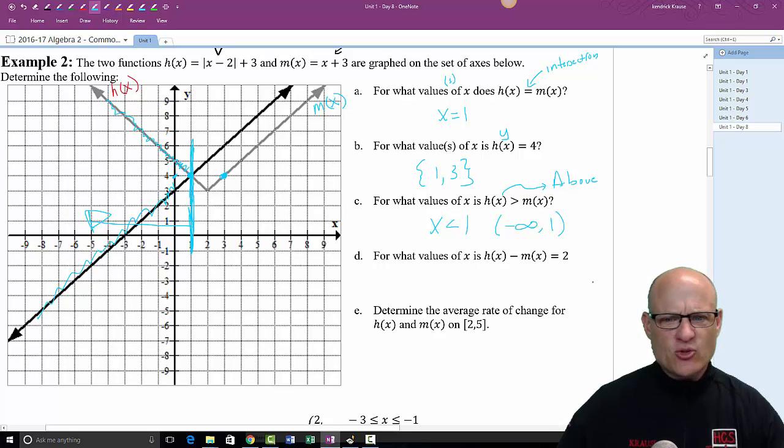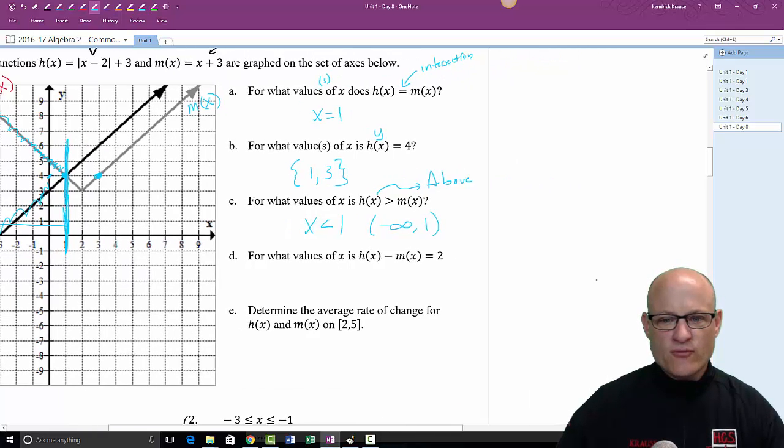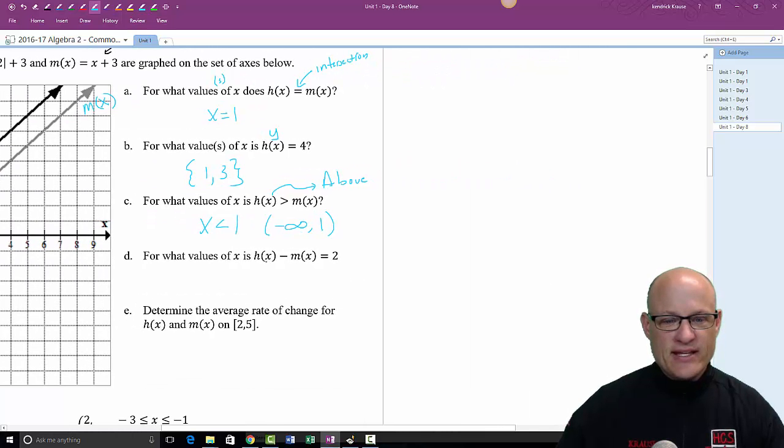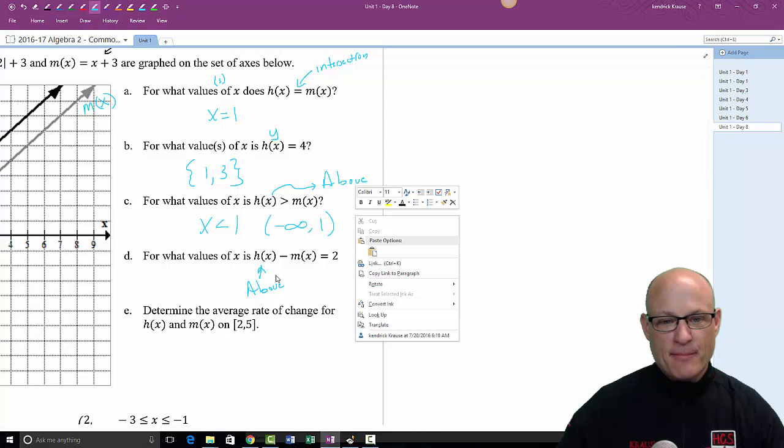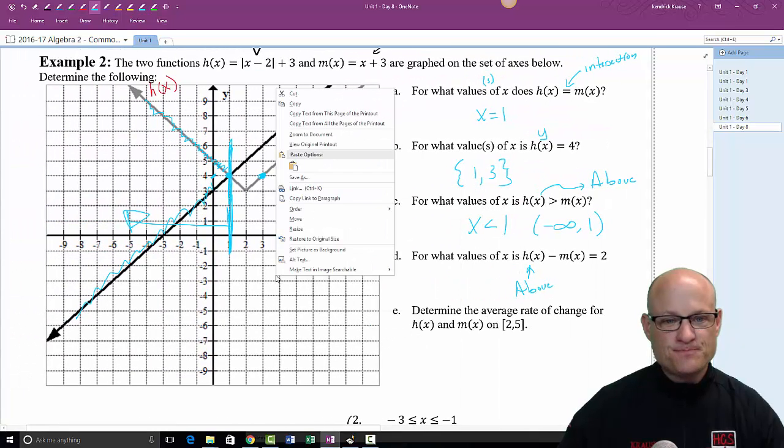Okay, the next question says, for what values of x is h of x minus m of x equal to 2? So we want to know when h of x, because it's positive, has to be above m of x by 2 units. So when is gray above m by 2 units?